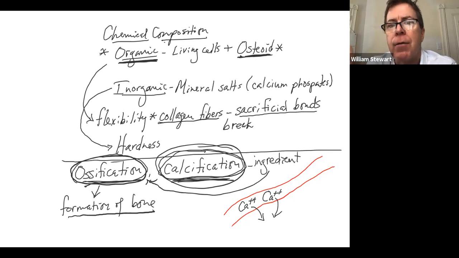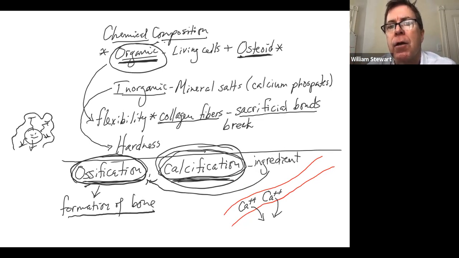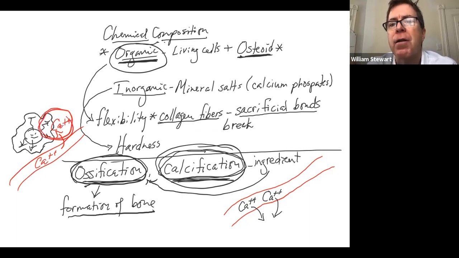Remember that story I gave you: here's an osteoblast, it secretes osteoid, the organic stuff, this sort of gooey stuff. And then a blood vessel brings calcium to the area, and calcification is an ingredient. There's the calcium. And when these two mix, that's what hardens the bone and actually forms hard bone tissue.